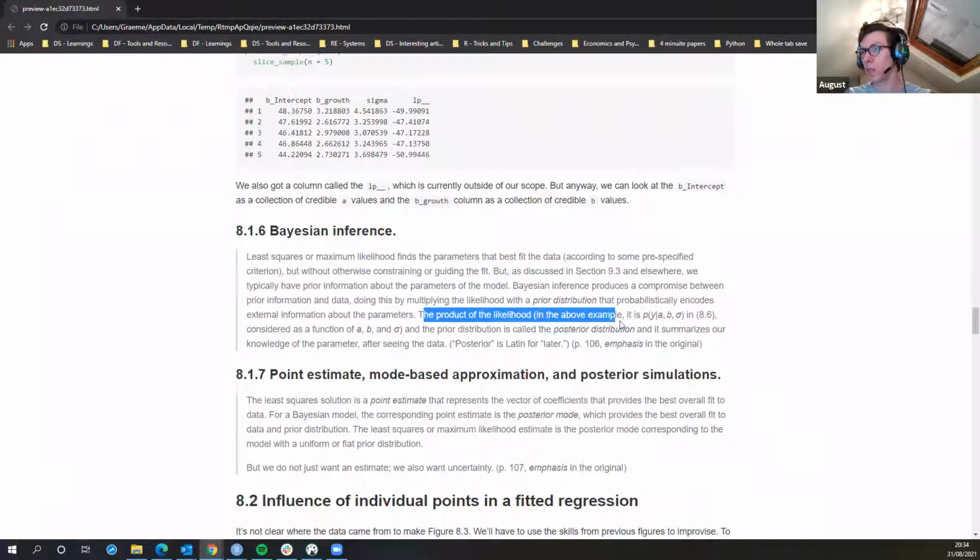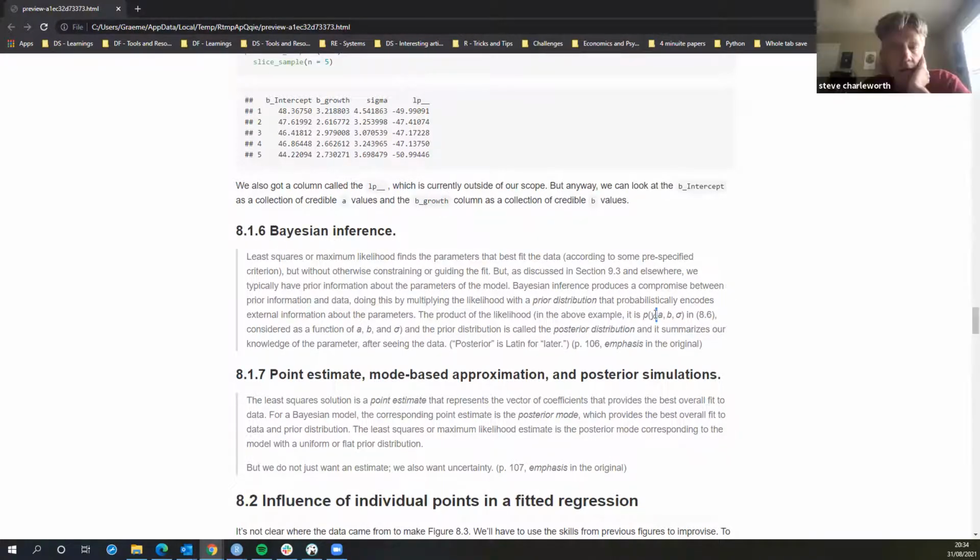The product of the likelihood in the above example is P(y | a, b, sigma). What's this symbol, I mean? Probability of y given a, b, and that you have the standard deviation. Oh, right.